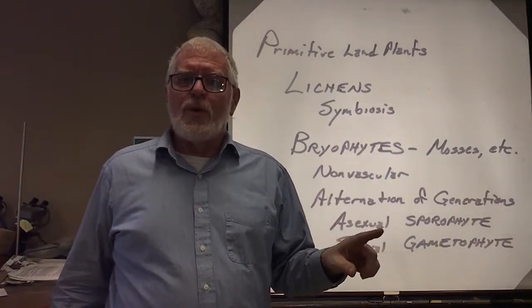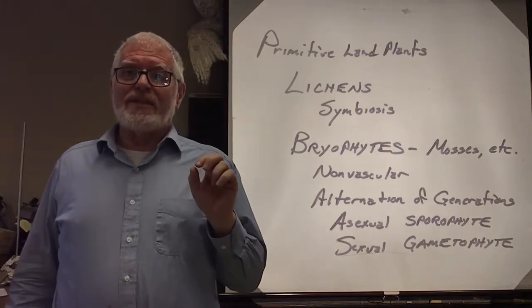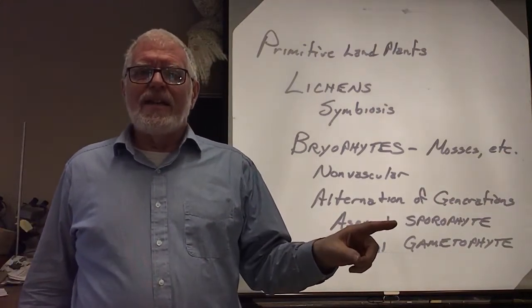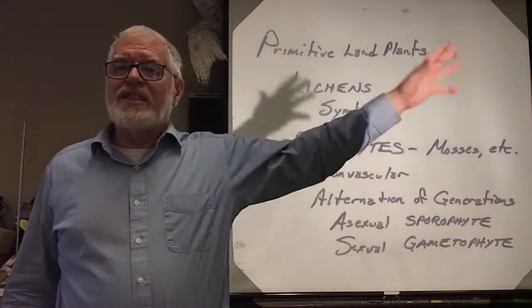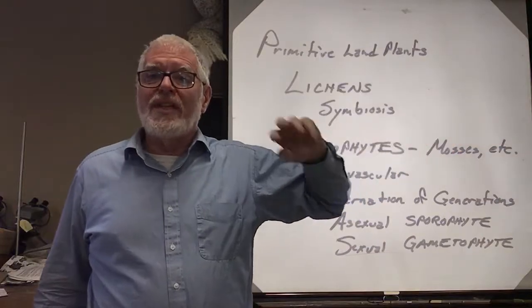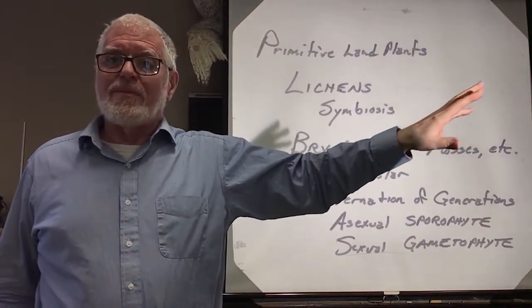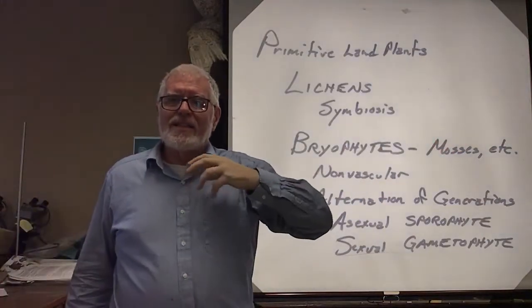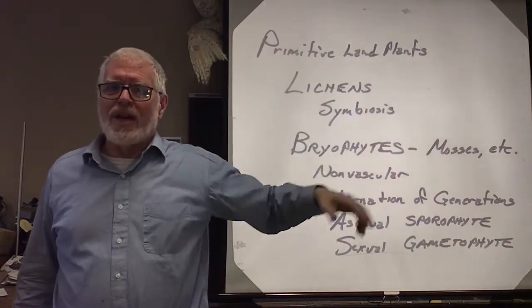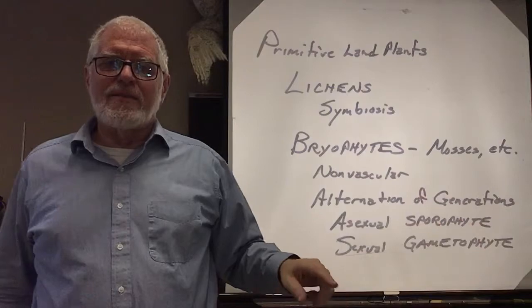Now, the asexual form makes genetic copies, right? That's what asexual reproduction does. And usually generates spores. The sporophytes are the distribution system, a way to spread across the land. Spores fly through the air and settle someplace.